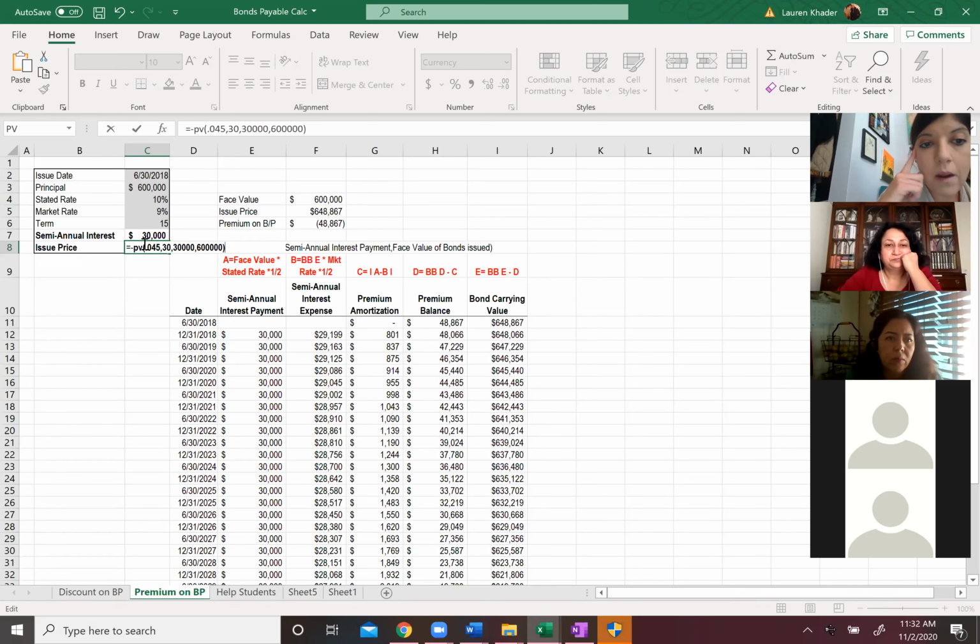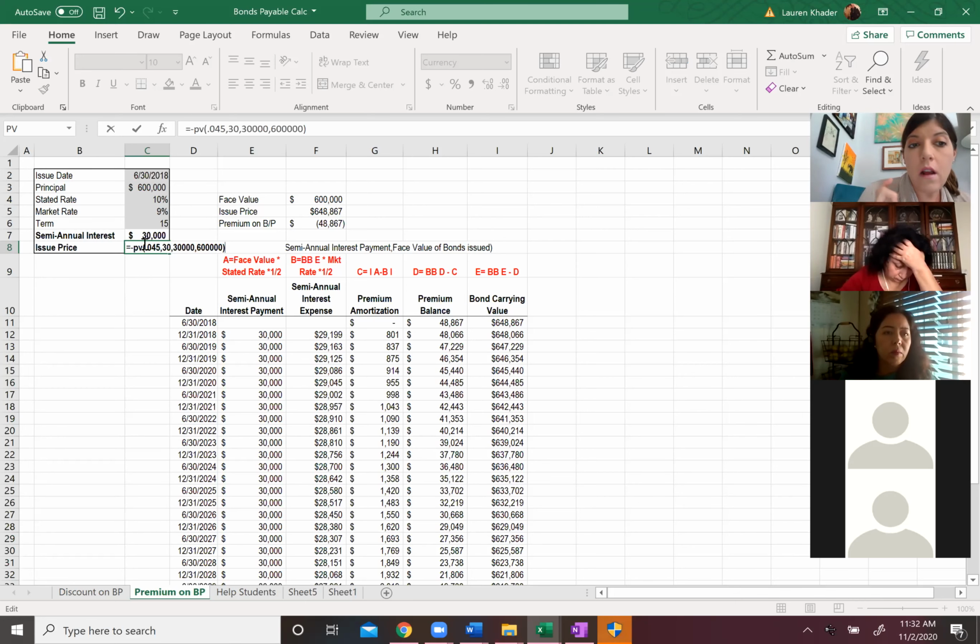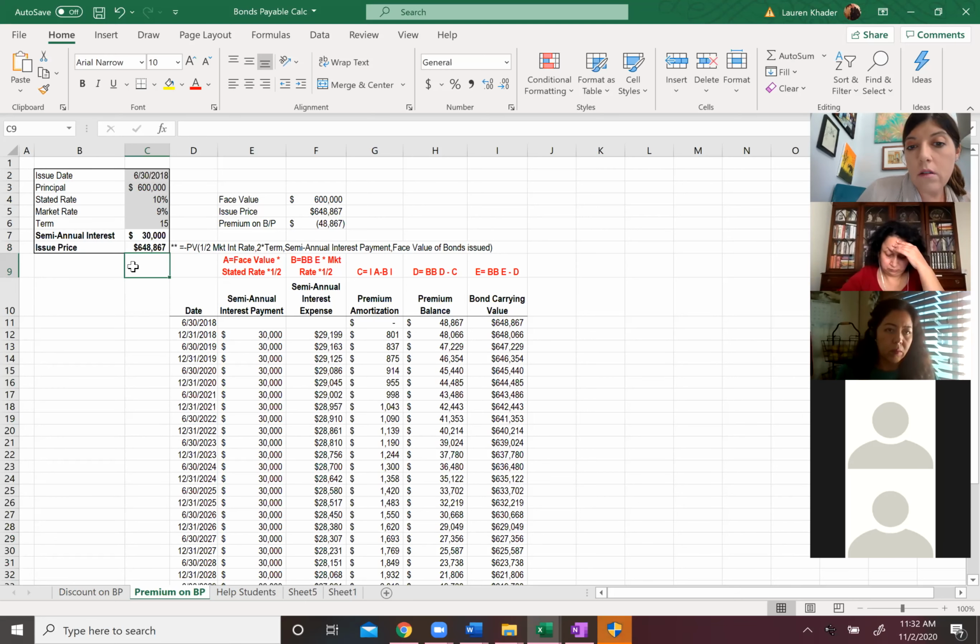So in my mind, I know that this number has to be greater than 600,000. It shouldn't be extremely higher than 600,000, but it's going to be a weird number that is higher than 600,000. So 648,867 is our issue price.